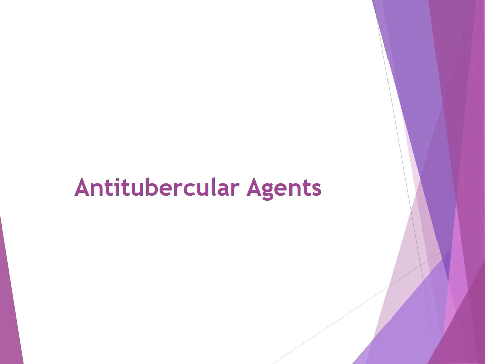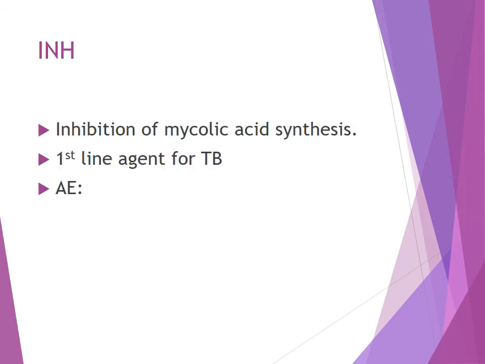Next, we have your anti-tubercular agents, such as your isoniazid, INH, isonicotinic acid hydrazide, or isonicotinyl hydrazide. So this drug inhibits mycolic acid synthase and kasama siya as a first-line agent for tuberculosis.